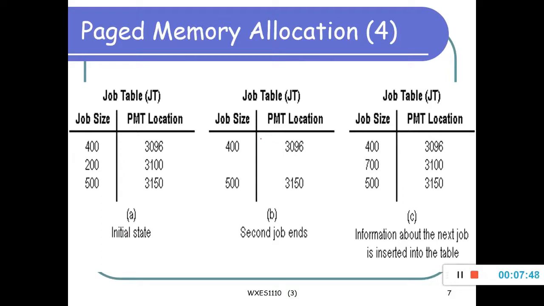So this is a job table, and this is the page map table's location, the address location. Here you have job sizes 400, 96, 200, and 500. This is the initial state. A job table has two entries for each active job: the job size and the memory location where its PMT is stored.